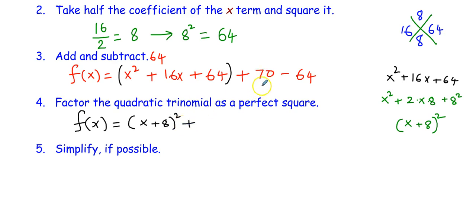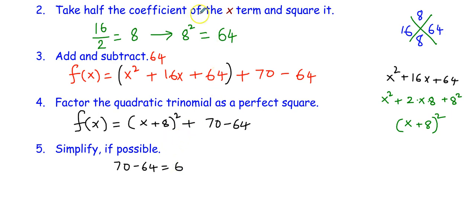Plus 70 minus 64. Simplify if possible, means it is this. 70 minus 64 is equal to 6.